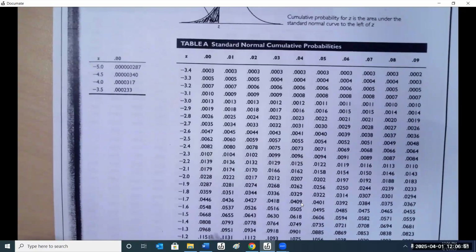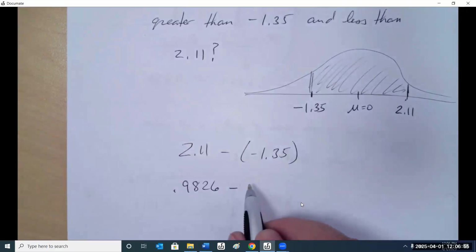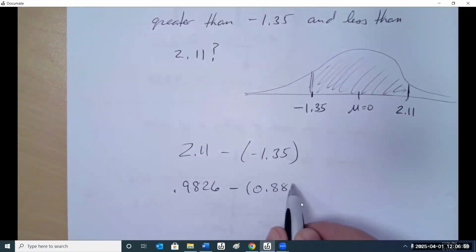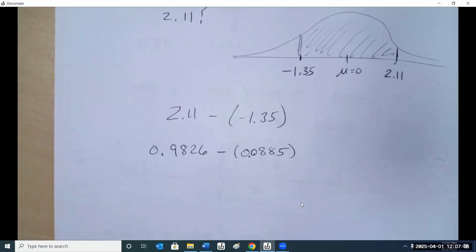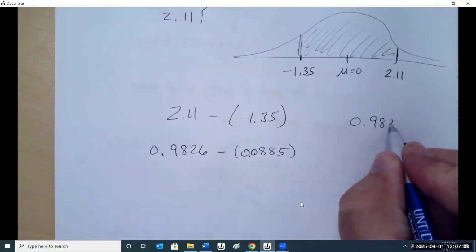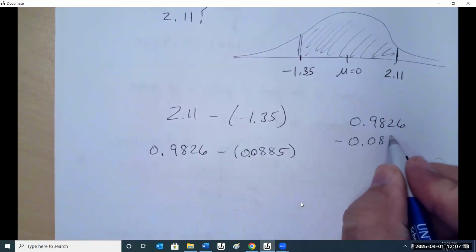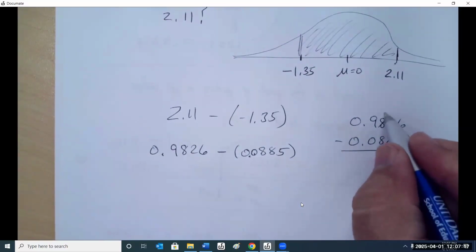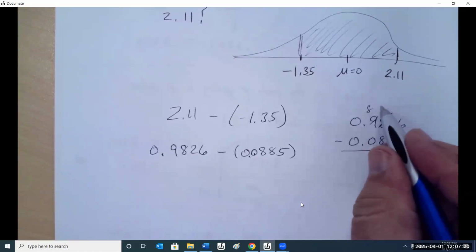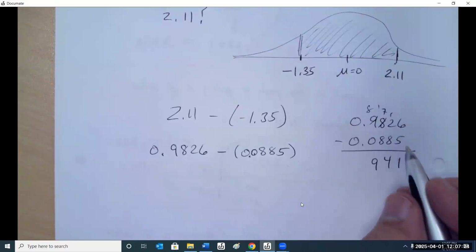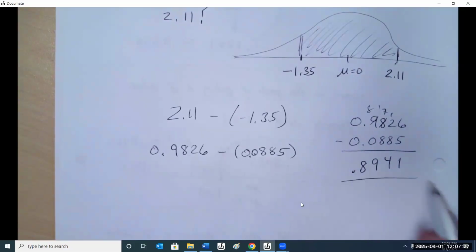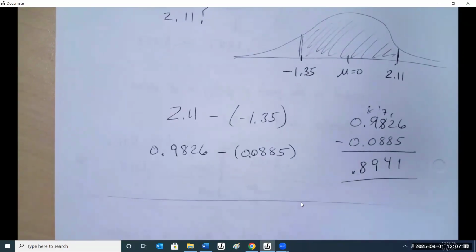The answer is 0.8941. One more, and then we'll look at the formulas for it all.